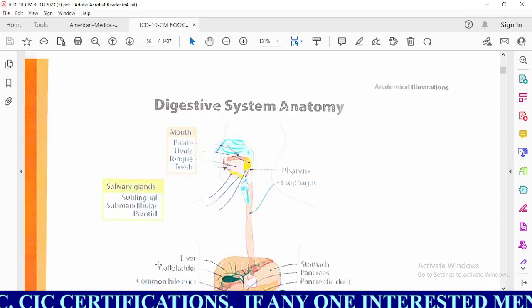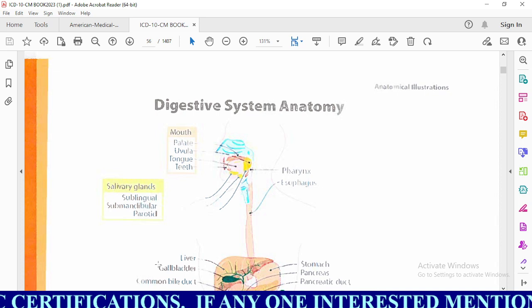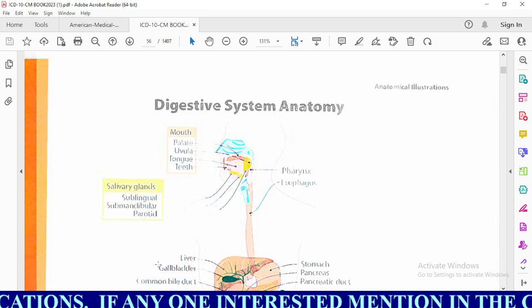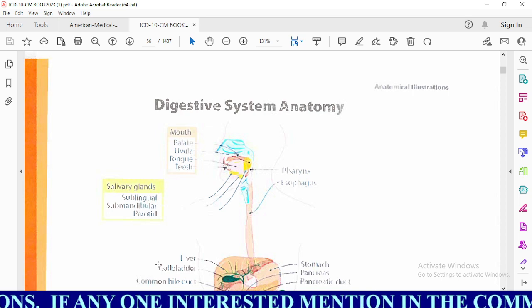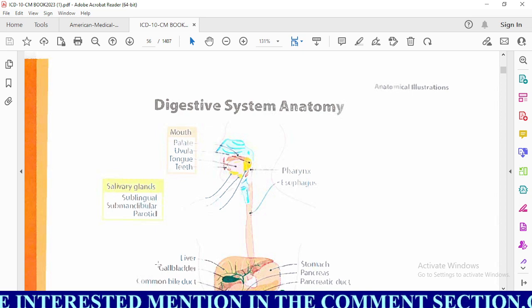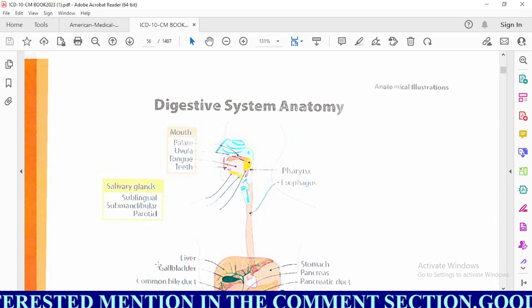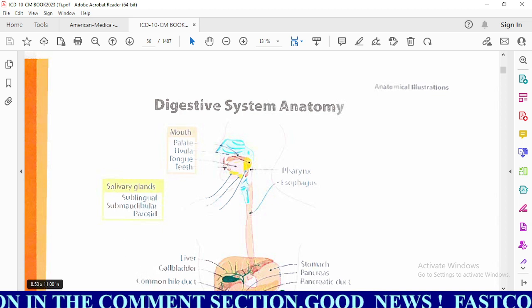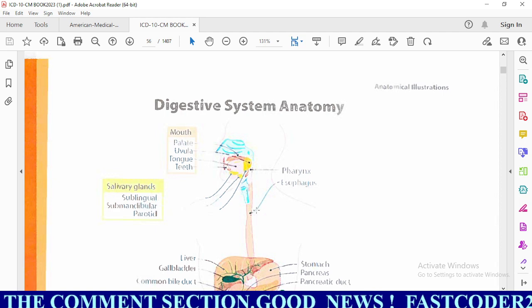As usual, in order to code surgery properly, we need to know the anatomy of the system which we are going to code. As our topic today is digestive system anatomy, we are going to learn digestive system anatomy now.